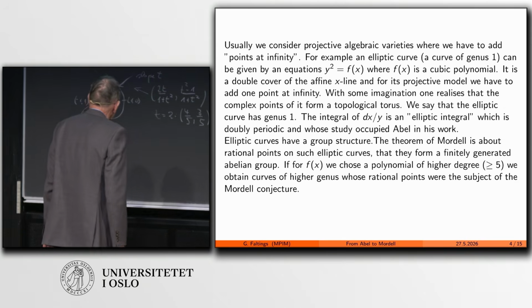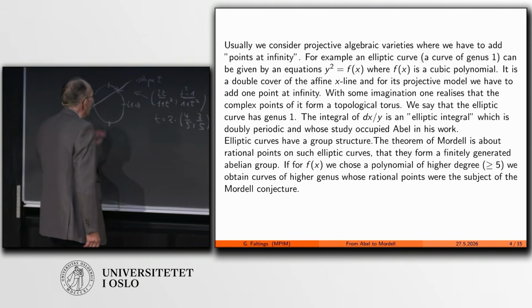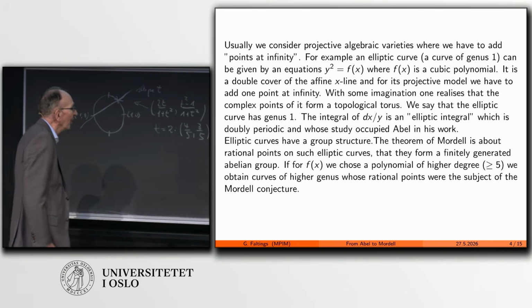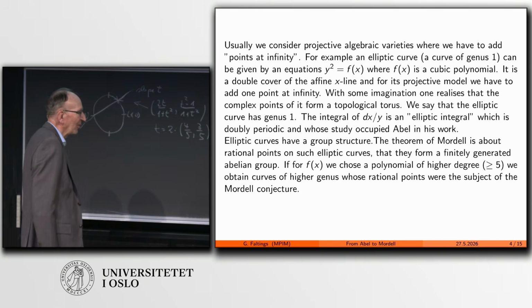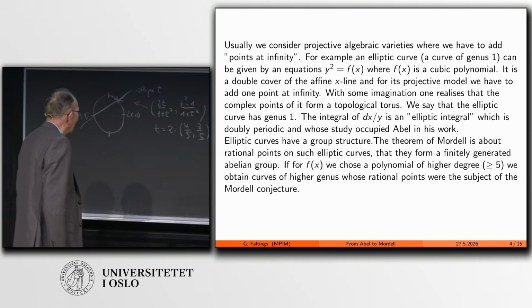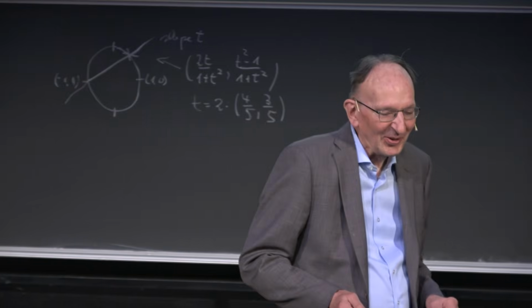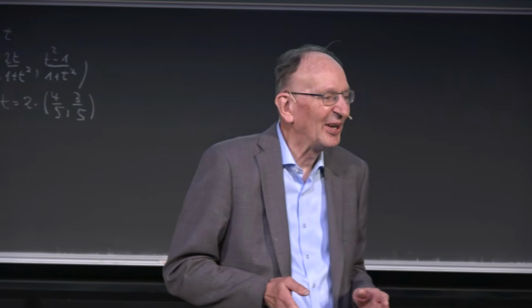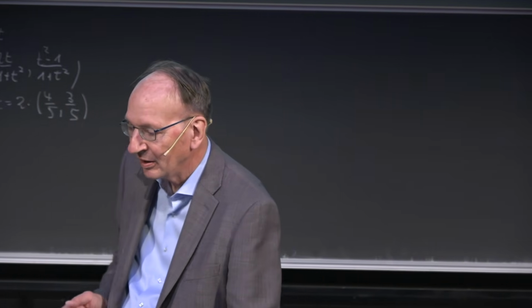And also usually you have to add points at infinity, while these are affine varieties. But really, if you don't have points at infinity, you are missing some points. For example, if you have two parallel lines, then they won't intersect at the finite level, but at infinity they will intersect.